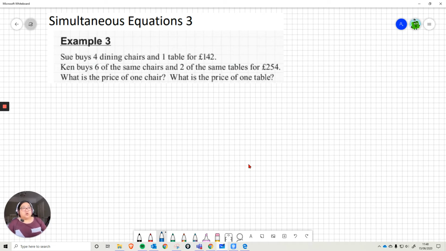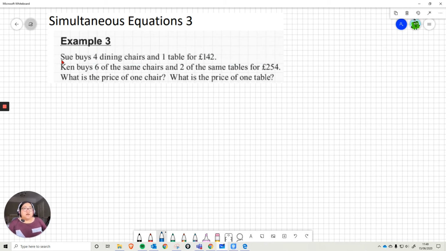If you notice, you're asked to work out the price of one chair and the price of one table. Because there are two objects, that usually implies two letters or two variables. Another thing that also indicates that we're using simultaneous equations is that we're given two sets of information.